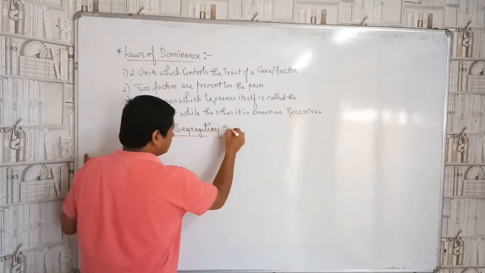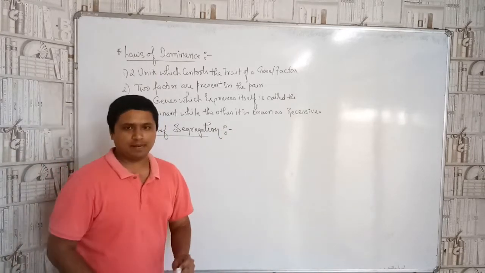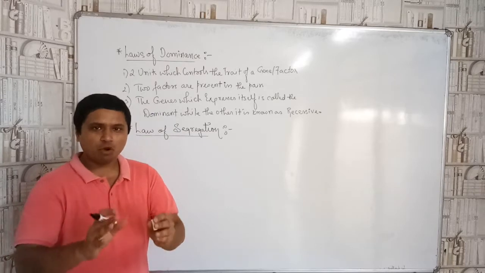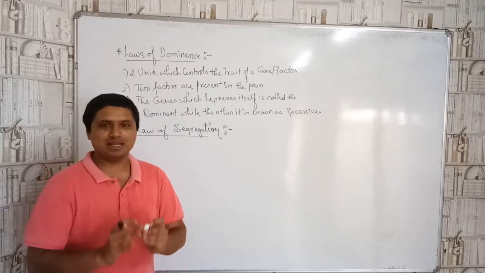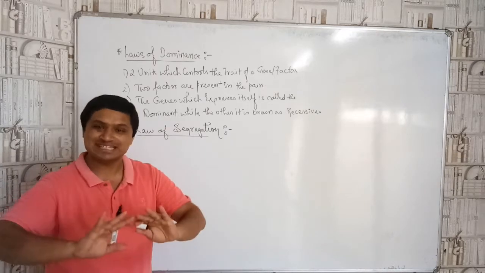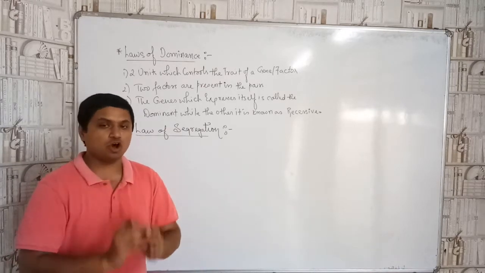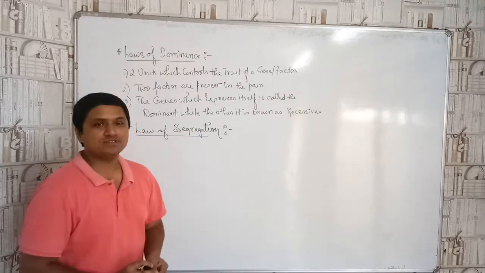Now the law of segregation states that in the phenotype of the F1 generation, both the units which are present in the alleles in the form of pairs segregate, that is they get separated, and in the F2 generation they unite. Now this law is known as what, children? Law of segregation.